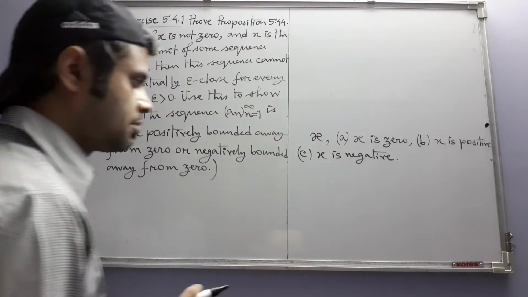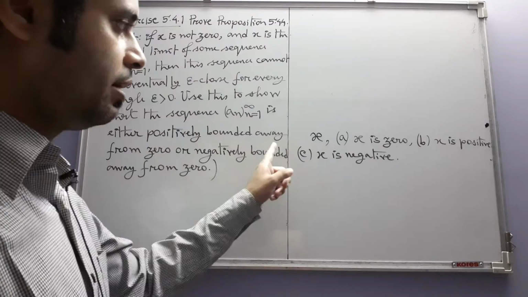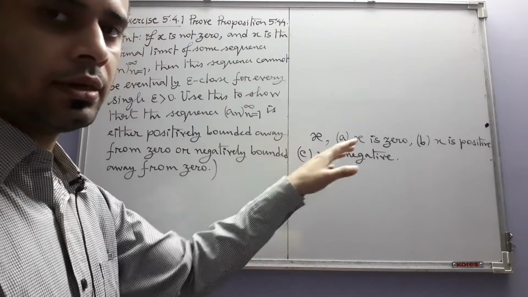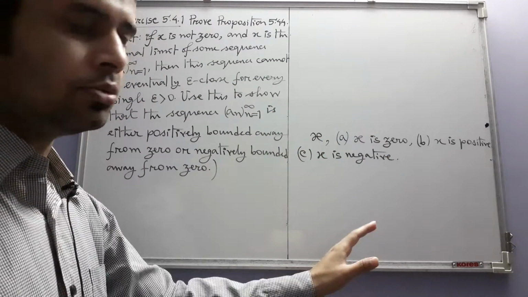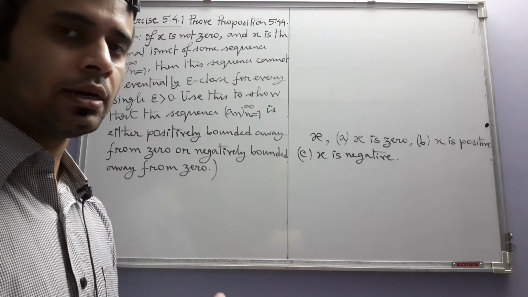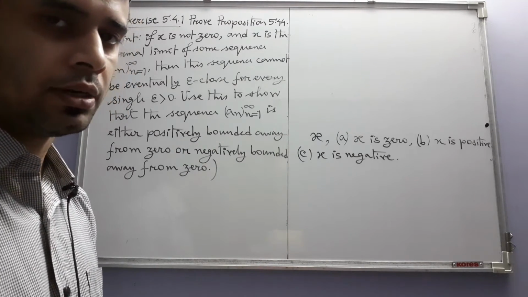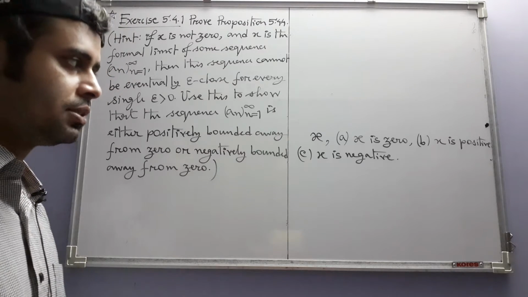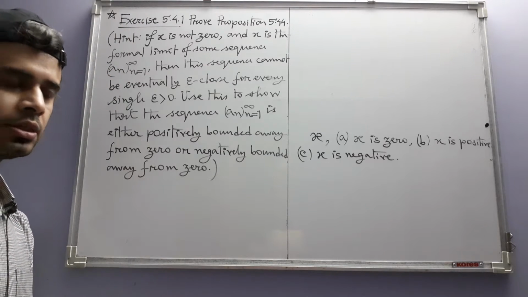What it means is that we have to show that for a given x, at least one of these statements is true, and additionally no two of these statements are simultaneously true for a given x. That's what we mean when we say exactly one of these statements is true.